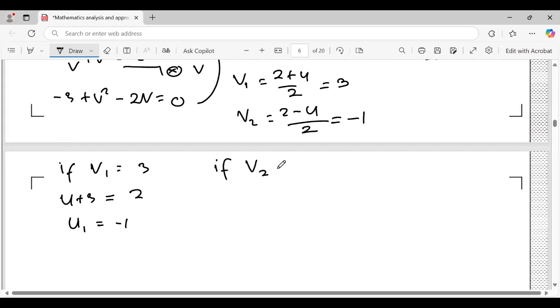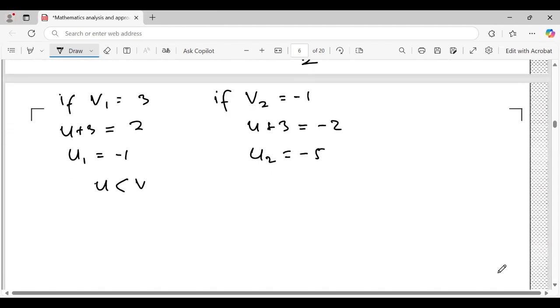If v2 equals minus 1, then u plus minus 1 equals 2, so u2 equals 3. If u is less than v, it means u equals minus 1 and v equals 3. So this is u, this is v.